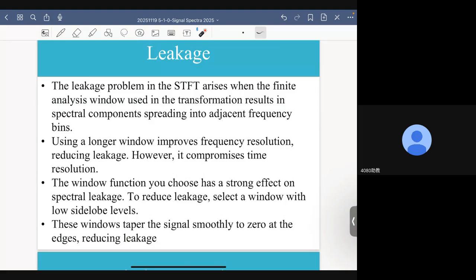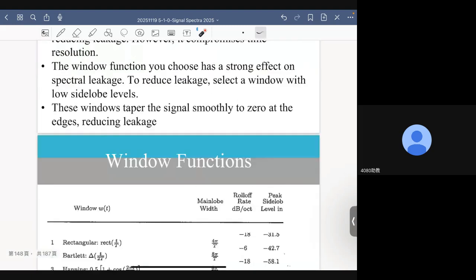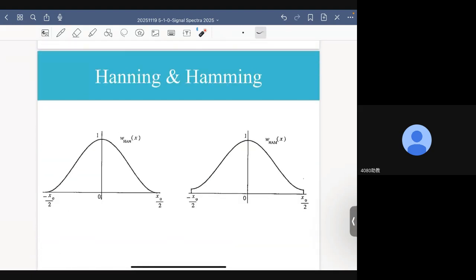So to resolve those problems, what we can do is choose window functions such as the Hanning window function or the Hamming window function. By using Hanning window functions, at the edges, at the boundaries of the window function, we multiply by zeros. So the discontinuity goes away, okay?